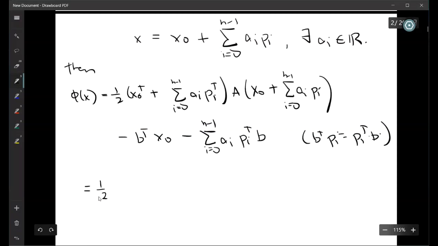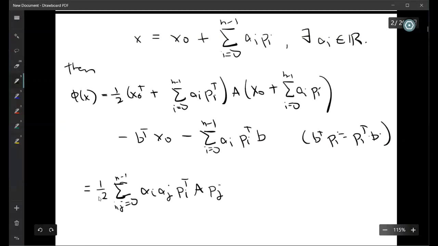So that's one half times the summation, it's actually a double sum, but I'll just write it as a single summation, running over i and j from 0 to n minus 1, of alpha i alpha j p i transpose A p j.